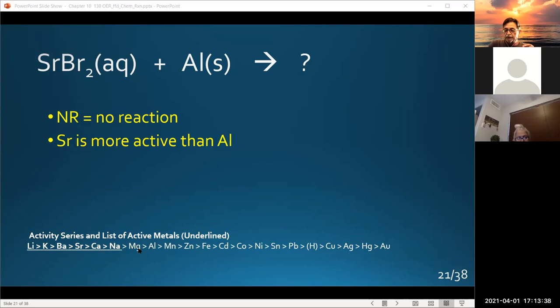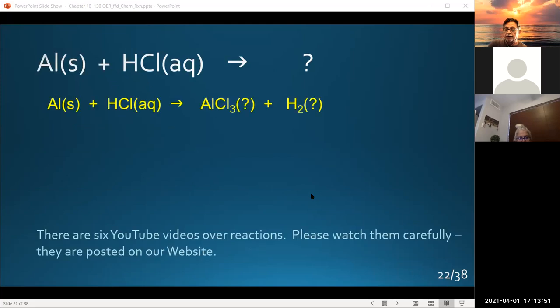And I stated, once you get to magnesium, aluminum, and so forth, to get those to react, you have to have more aggressive conditions, and more aggressive means an acid solution. And that's what's happening there. So you've got aluminum, aluminum chloride, which is aqueous, and then hydrogen gas.